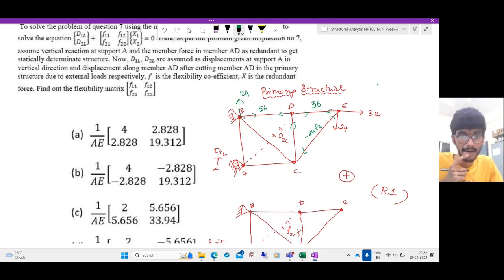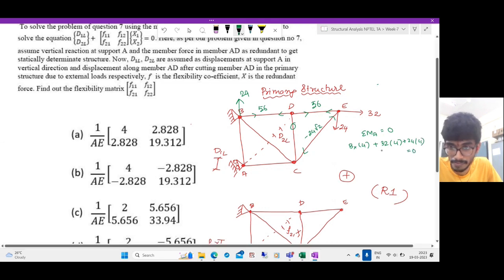And what will be the horizontal reaction? So let us determine that. To determine the horizontal reaction, let us take moments about the point A. Sigma M A equal to 0. If you take moments about the point A, you get Dx acting at 4 plus 32 acting at 4 plus 24 acting at 4 equal to 0.